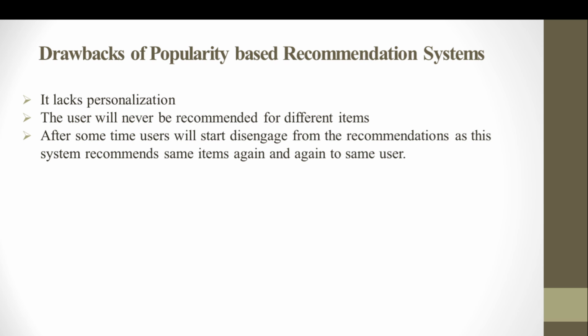Mr. C gets engaged on the first entry to the system, because the first 10 movies recommended were wonderful and as per his liking. But when he comes again and again and gets the same recommendation every time, he will start disengaging from the platform, and that is going to be a loss for the system.